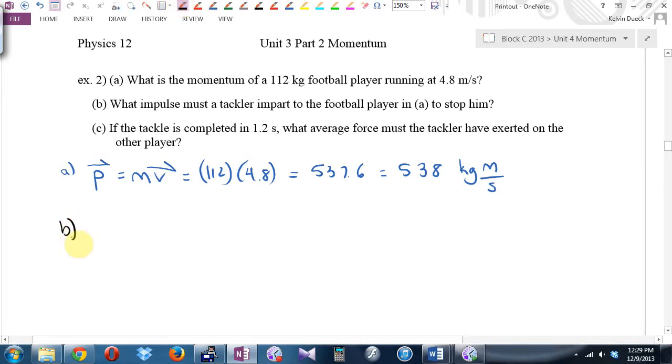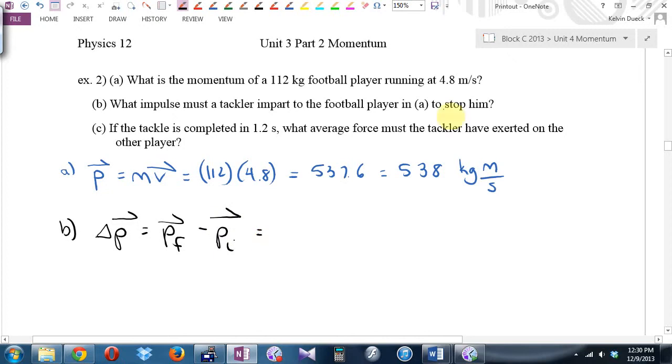B. What impulse? Hey, what's another word for impulse? What change in momentum must a tackler impart to the football player in A to stop him? Hey, what's change in anything? This is going to be final momentum minus initial momentum.